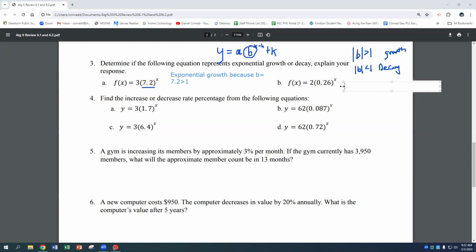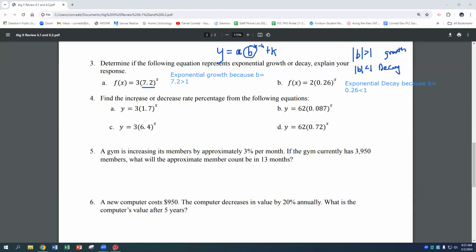This one over here is exponential decay because b equals 0.26, which is less than 1. All right, wonderful.